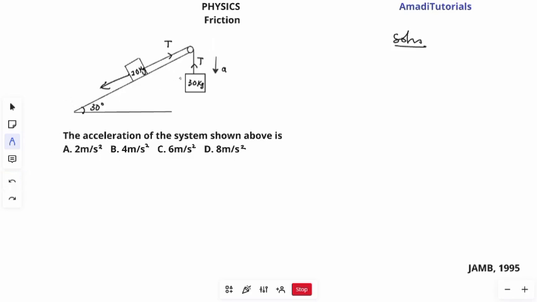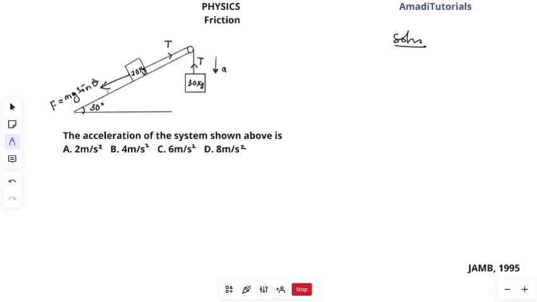So now, for us to determine this acceleration A here, the frictional force that is trying to hold this 20 kg block of mass from sliding upward is given by F equals mg sine theta, which is this sine 30.